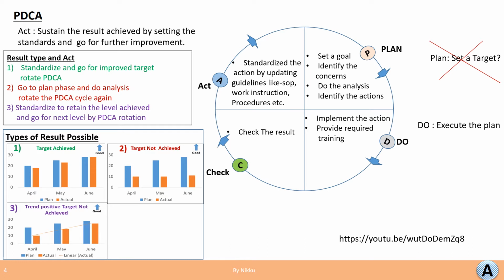In the check phase, we check the result. In the act phase, we standardize the method through which we achieved the result, and again go to the plan phase for the next level of improvement.